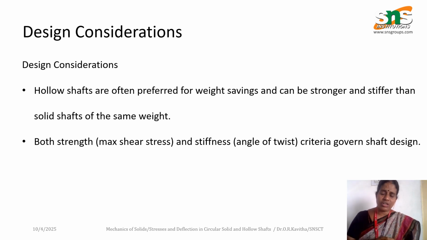In previous years, for steel structures we used the L section. Nowadays we are using the hollow circular section, which gives more strength than solid sections, and both strength and stiffness govern the design of the shaft.